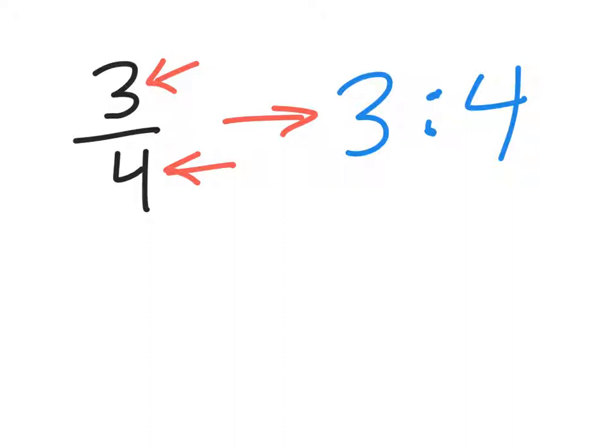But as far as why we choose to use a ratio instead of a fraction, a ratio represents a comparison relationship. We use the ratio 3:4 if I were saying maybe that for every 3 females in the classroom, there are 4 boys.